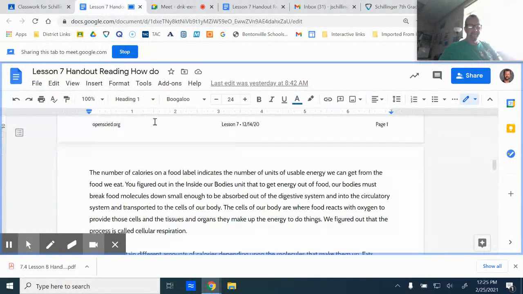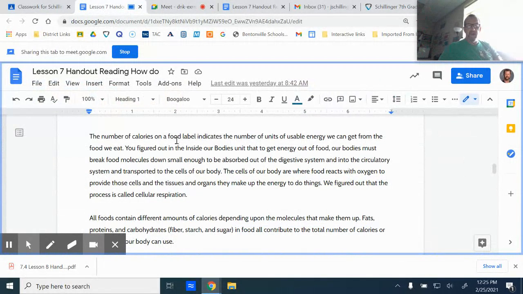Okay, going on. The number of calories on a food label indicates the number of units of usable energy we can get from the food we eat. You figured out in our body unit that to get energy out of food, our bodies must break down food molecules small enough to be absorbed out of our digestive system.